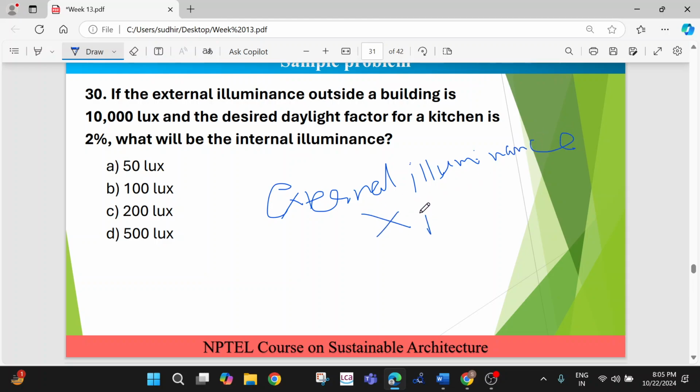When you multiply with the daylight factor, which is given as 2 percent, you will get the internal illuminance.